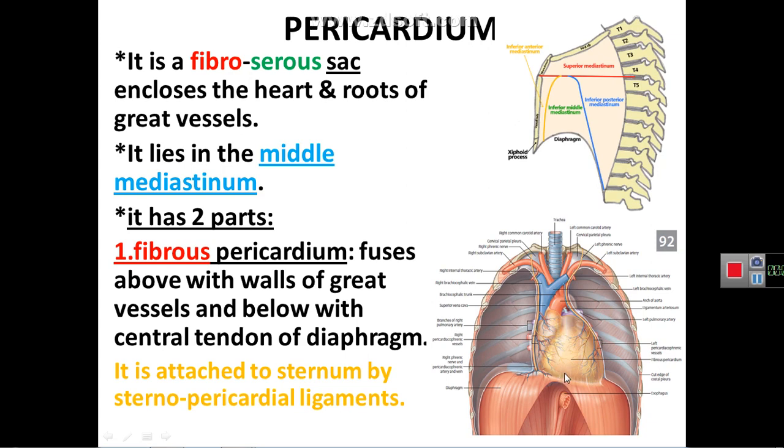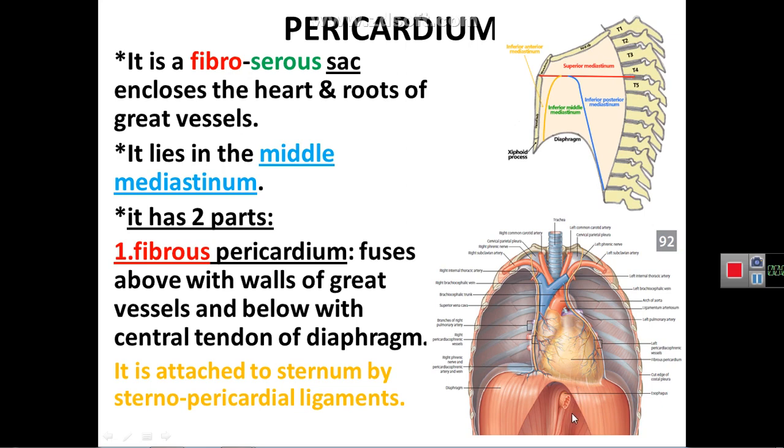And also the fibrous pericardium fuses with the diaphragm below, and you cannot separate the fibrous pericardium from the diaphragm easily. And even the heart could move with the diaphragm during respiration.